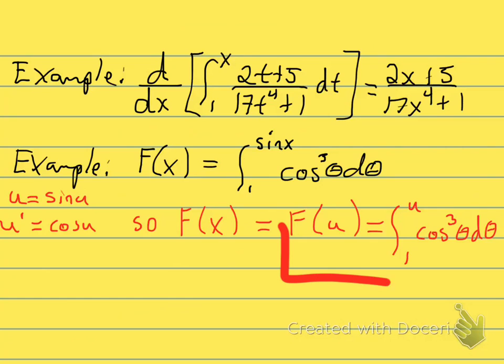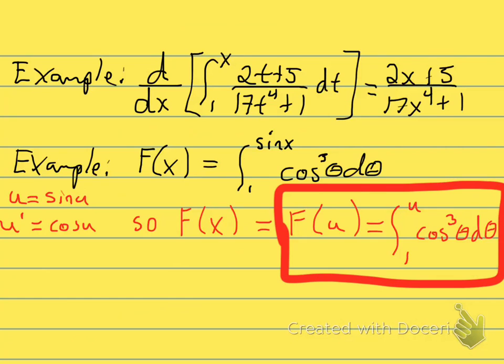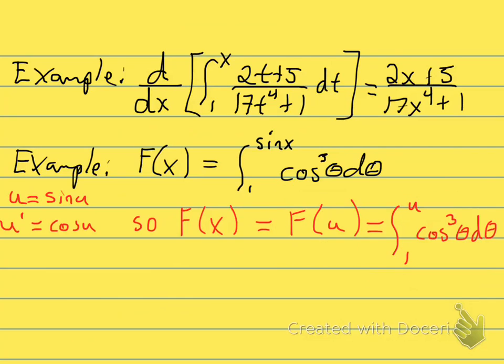Now this is what the second fundamental theorem of calculus applies to, because we're going from some constant to the variable we're in terms of, which is u. So when I take the derivative, though, I'm going to have to use the chain rule, because it's not a function of x, it's a function of u, and we need to use that chain rule.